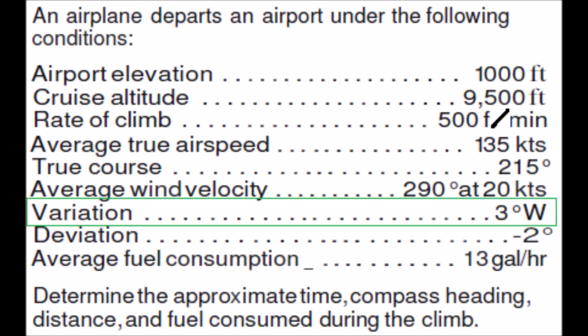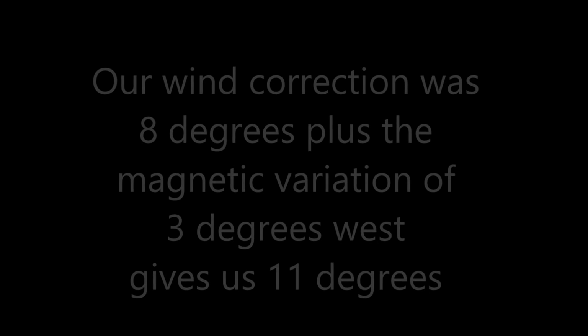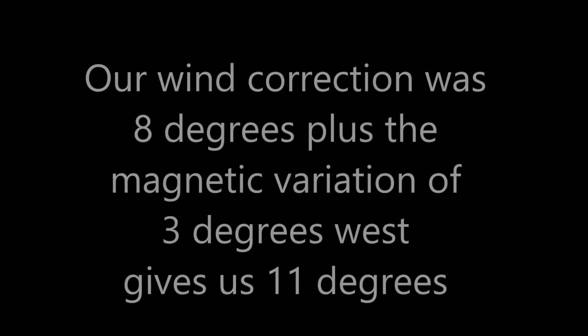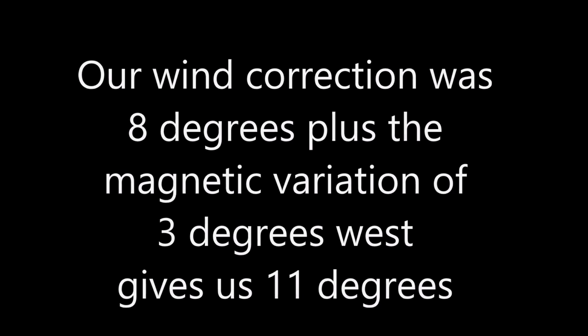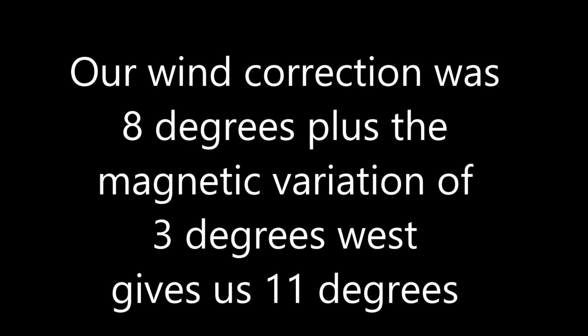This magnetic variation can be found in the isogonic lines in your chart. If you remember, east is least. So this is 3 degrees west, so we're going to add 3 degrees. So our magnetic heading should be the 8 degrees correction plus the 3 degrees, which is 11 degrees.